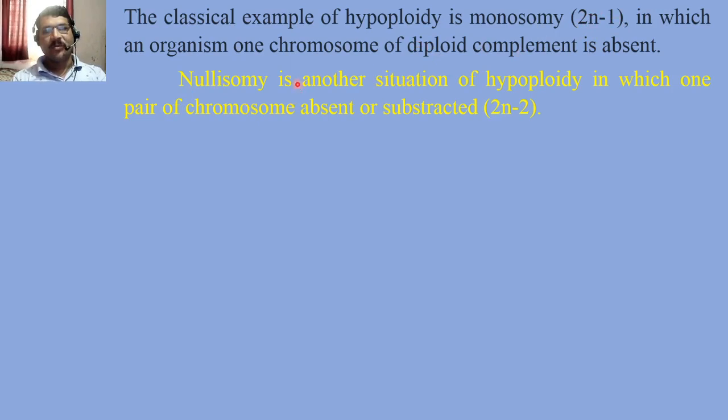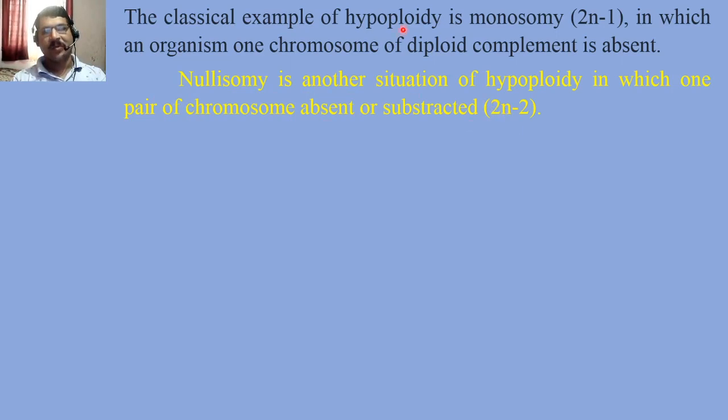Another is nullisomy. Here two homologous chromosomes are subtracted, or we may call it one pair of chromosomes gets lost from the diploid chromosome number. Then it is known as nullisomy.